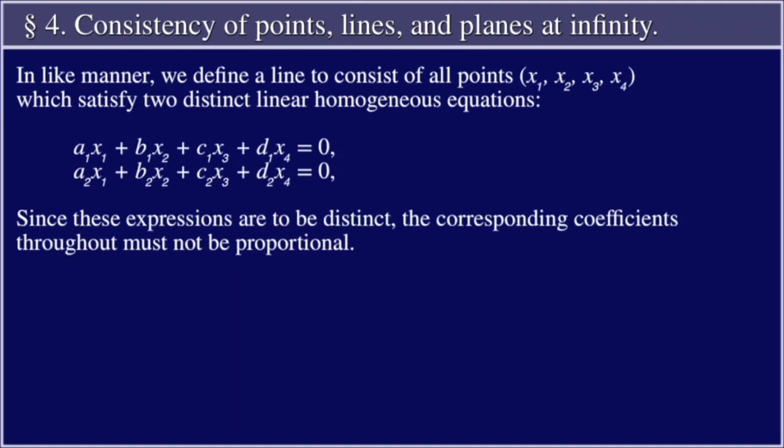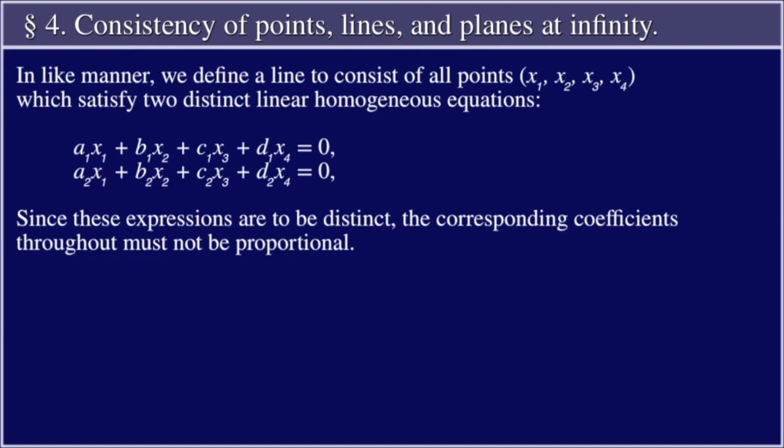In like manner, we define a line to consist of all points x sub 1, x sub 2, x sub 3, x sub 4, which satisfy two distinct linear homogeneous equations, a1x1 plus b1x2 plus c1x3 plus d1x4 equal to 0, and a2x1 plus b2x2 plus c2x3 plus d2x4 equal to 0.